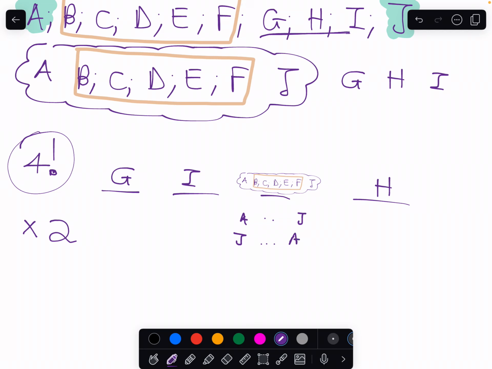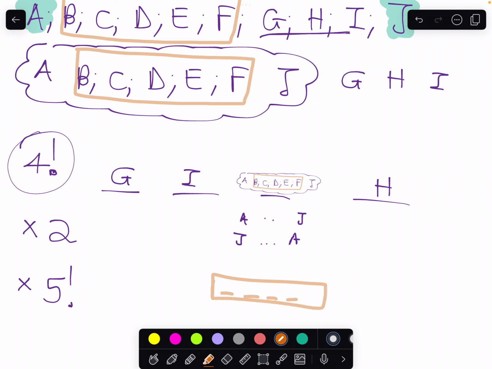Okay, and then furthermore, within an arrangement, we can also shuffle these 5. So that's where the 5 factorial is coming from. It's coming from the fact that within the group, keep my colors consistent.